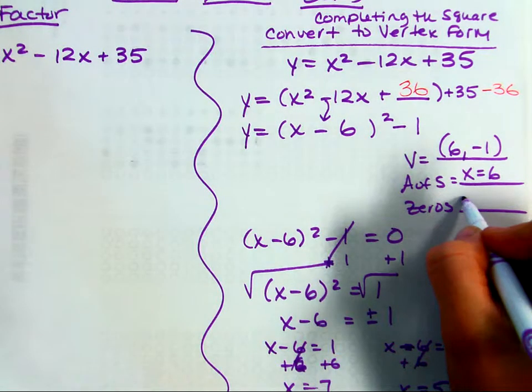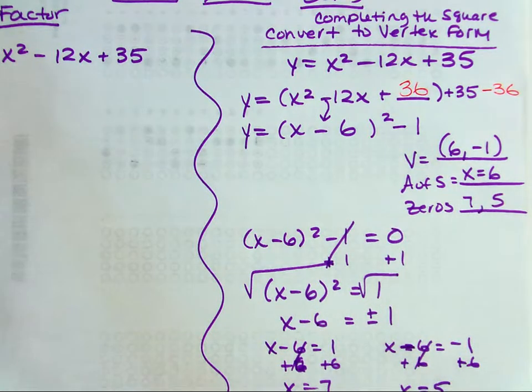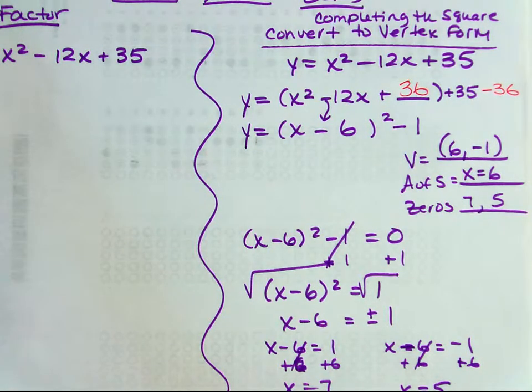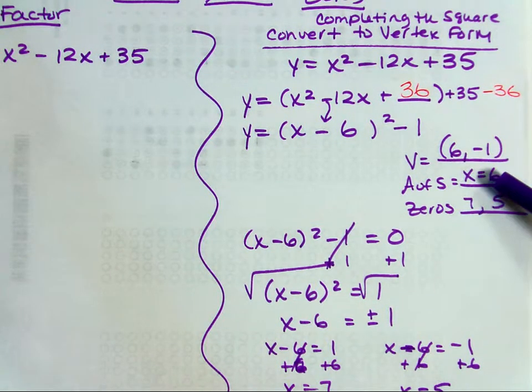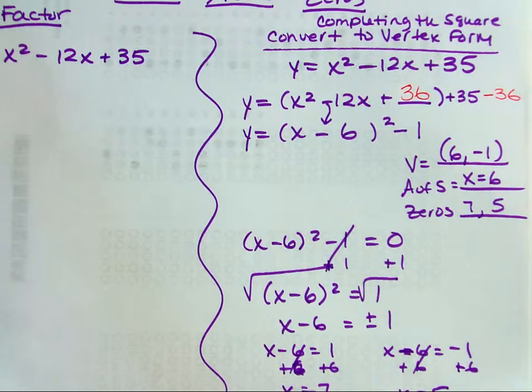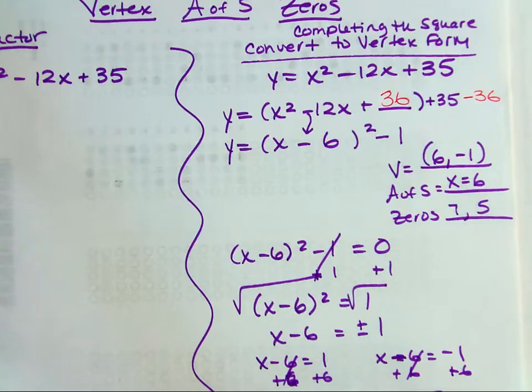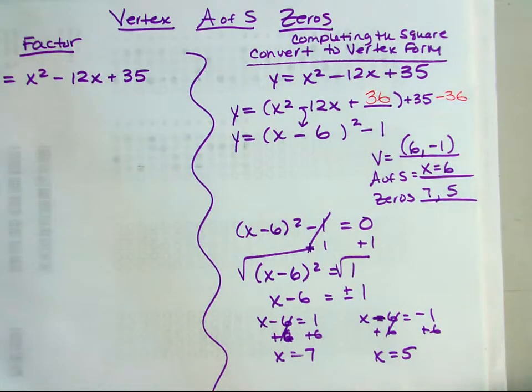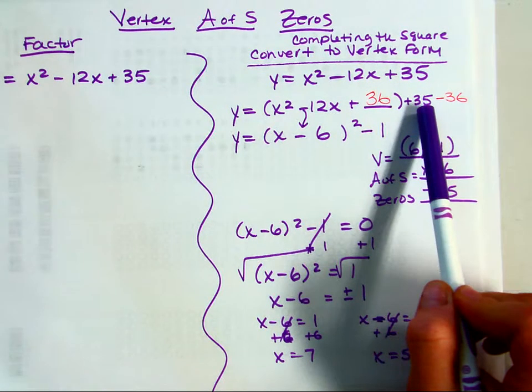So x is going to equal 7 or what? 5. Okay. So my zeros are 7 and 5. Don't put a parenthesis around them. It's not an ordered pair. So I went through completing the square. I've used the vertex to find the axis of symmetry. I solved for x and I found my zeros. Right? Okay. Option 2.